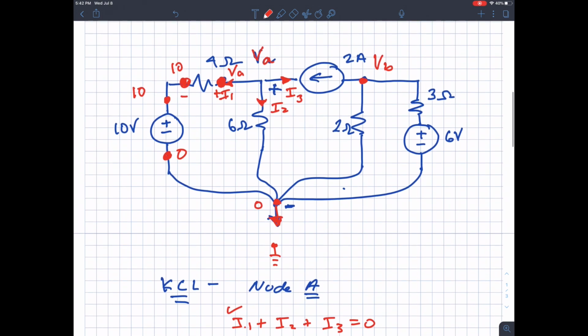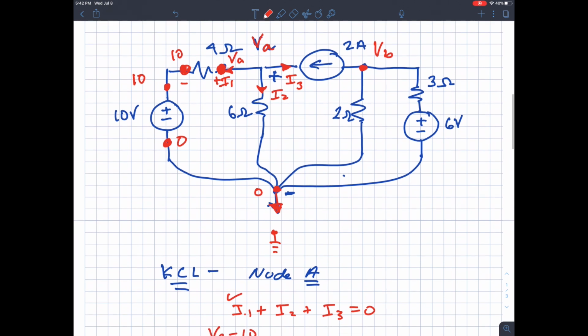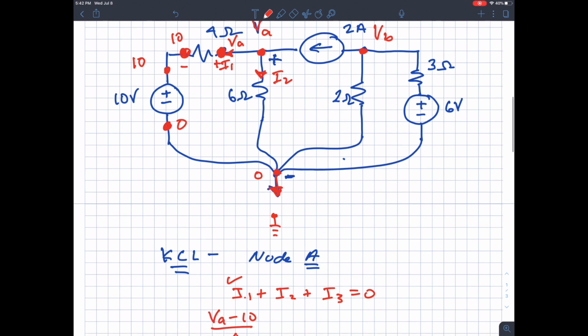I calculated I1. Let's do the same thing for I2. Before we do that, let me clear all the currents. We're going to start over with the labeling. Now we're going to look at I2. To get I2, I can slide the dot.